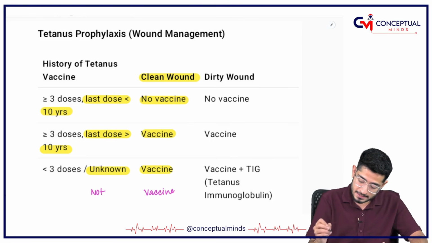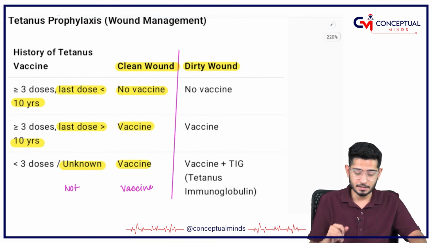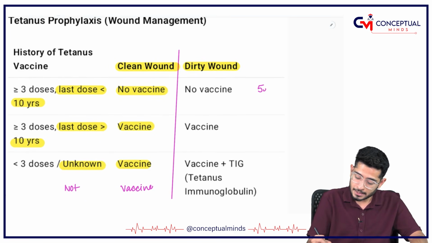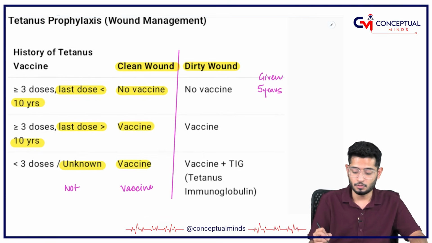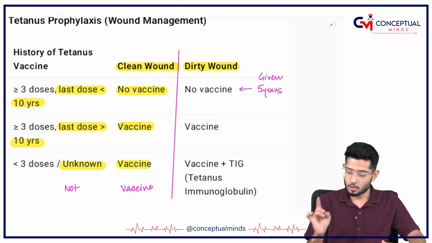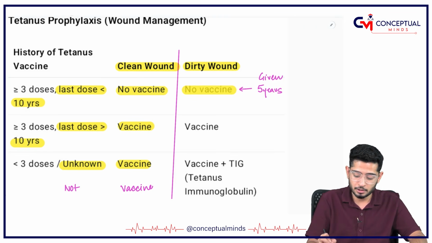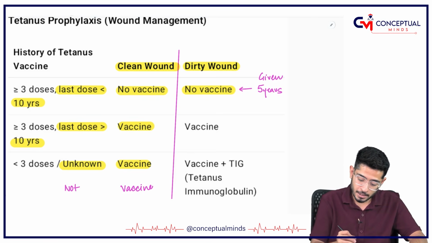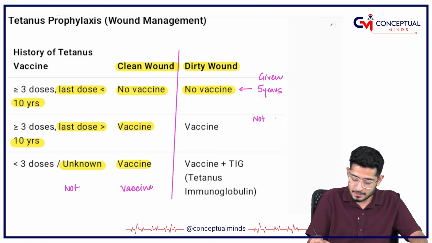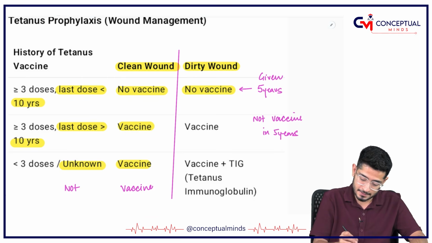But if the wound is dirty, my dear friend, okay, so this was about the clean wound. If the wound is a dirty wound, you have to check whether the vaccine was given 5 years ago. If the patient has received the vaccine 5 years ago and now has a dirty wound, there is no need to give the vaccine, okay. But if he has not received the vaccine within 5 years, then you have to give the vaccine.